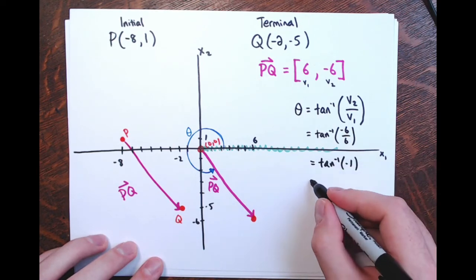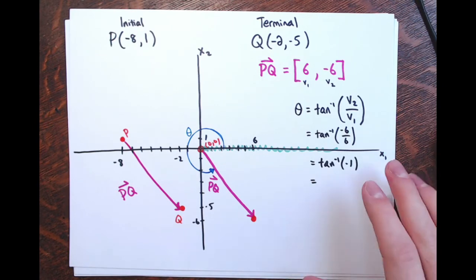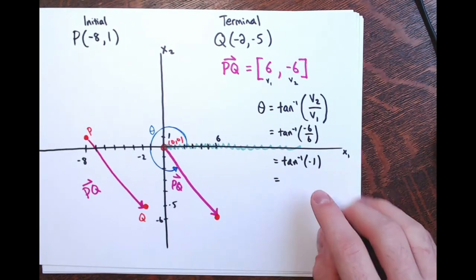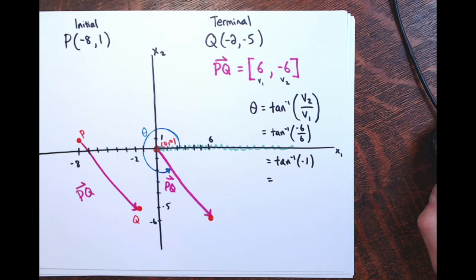Now, if you put this into your calculator, in degree mode, I'll pull a calculator up. Now you should know this; this is actually a special value. Inverse tangent of -1 is -pi/4 radians, or -45 degrees. But say you forgot that.